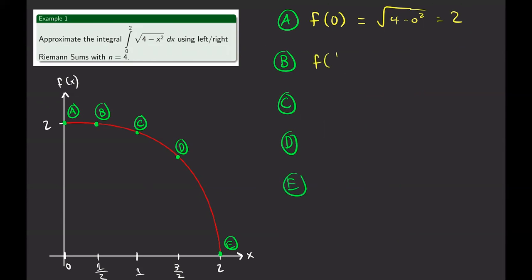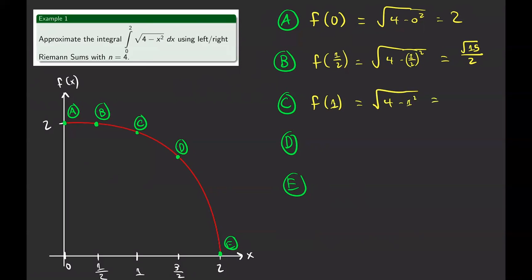We're going to do F of 1/2, which is square root of 4 minus 1/2 squared. If we work all this out, you end up getting square root of 15 over 2. I trust that you can do those handful of steps right there.